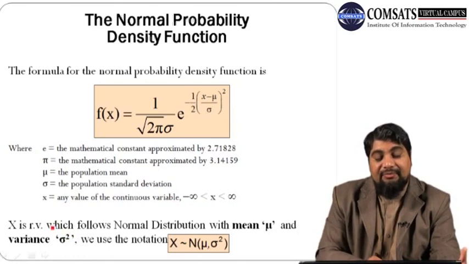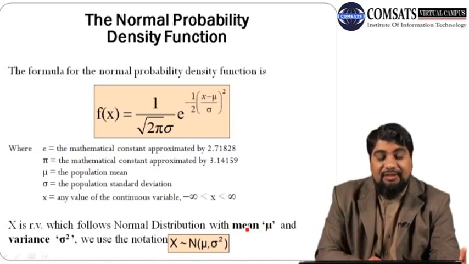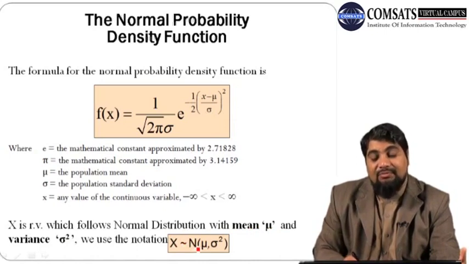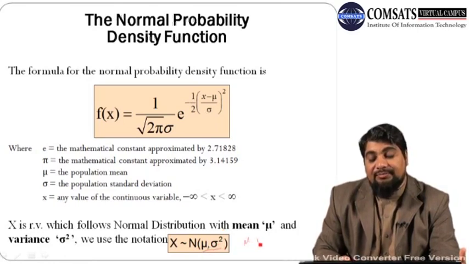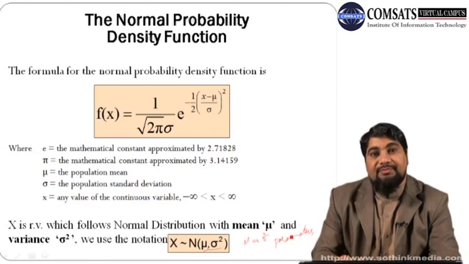So if x is a random variable which follows normal distribution with mean mu and variance sigma square, then we use the notation that x is distributed as normal with mean mu and variance sigma square. And remember that mu and sigma square, where mu stands for mean and sigma square for variance, are also called the parameters of this normal distribution.